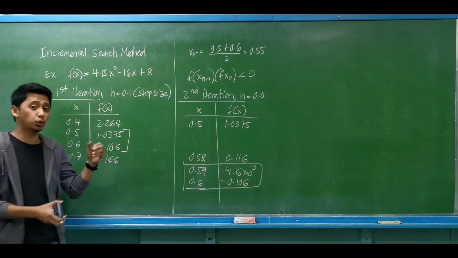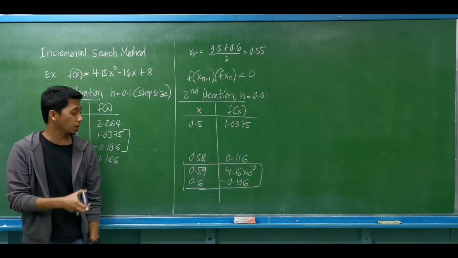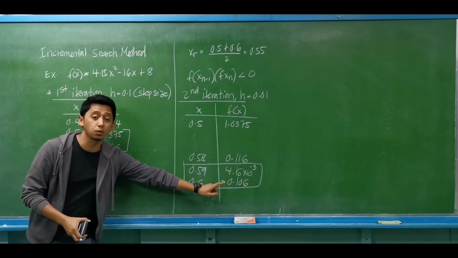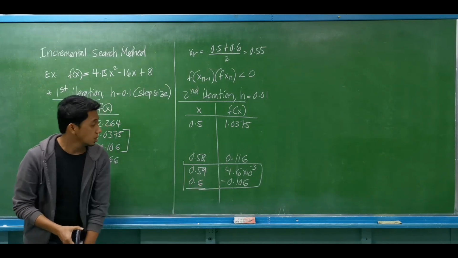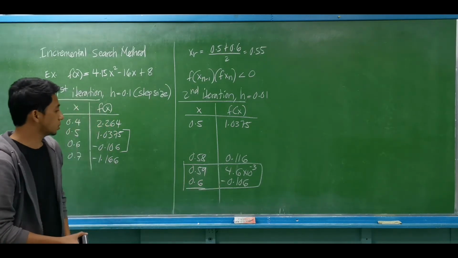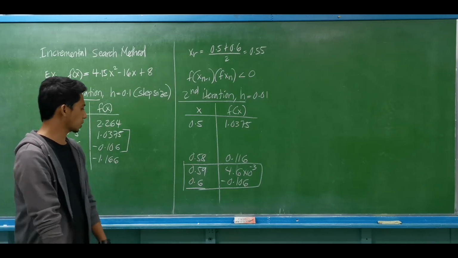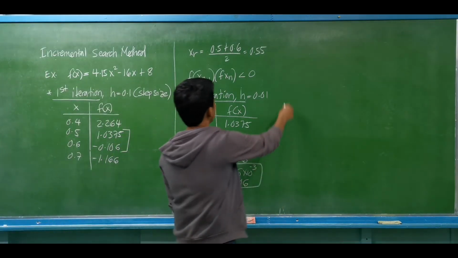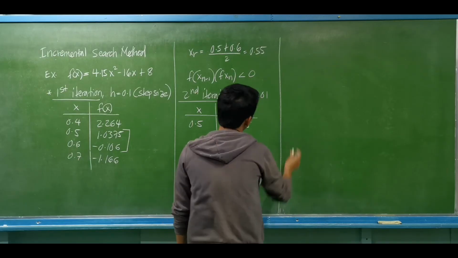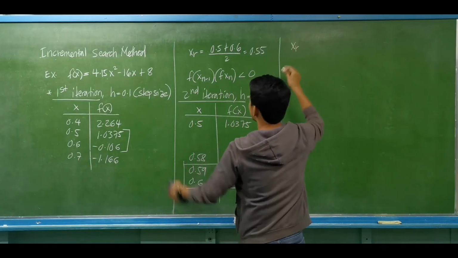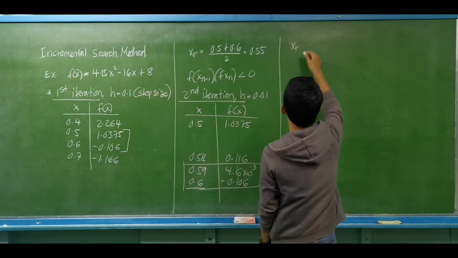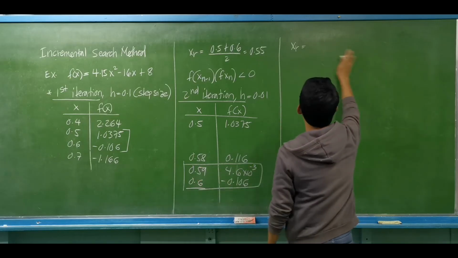So again, that is one way to cut the solution. You start with the value closer to 0. So we have negative 0.106, then 4.6 times 10 raised to negative 3. If we are to determine, for example, the root of the function under the second iteration, that will be the average of the two.